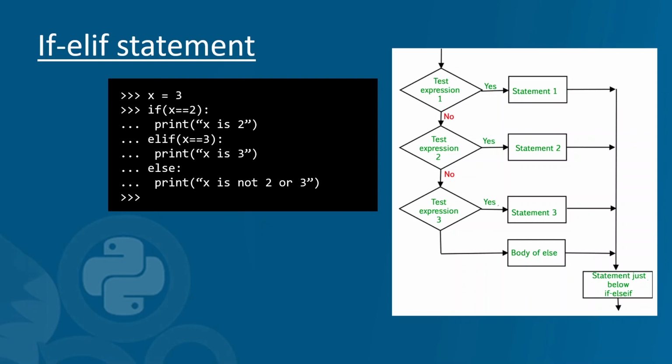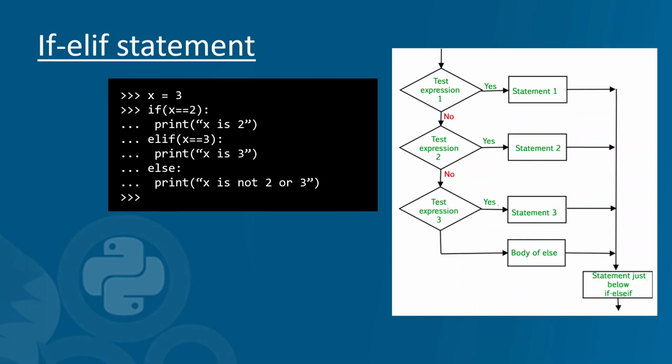As we discussed before, that is a comparison operator. We know x is a variable and it has a value, that is 3. So 3 is equal to 2, we know that's false, so it will return a Boolean value false.